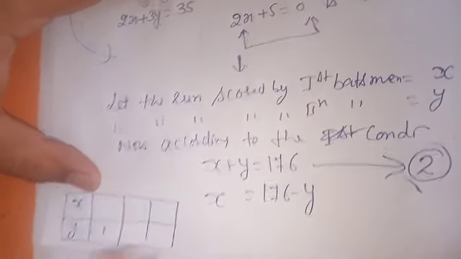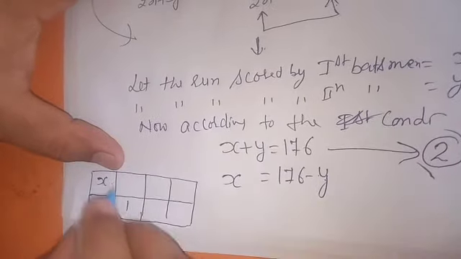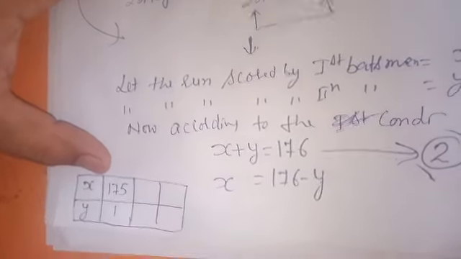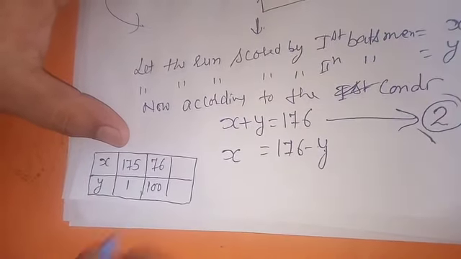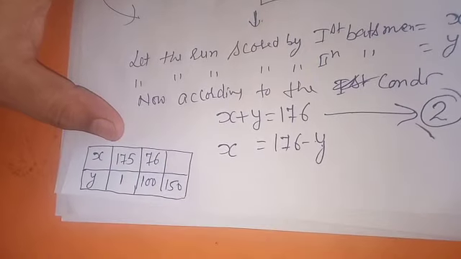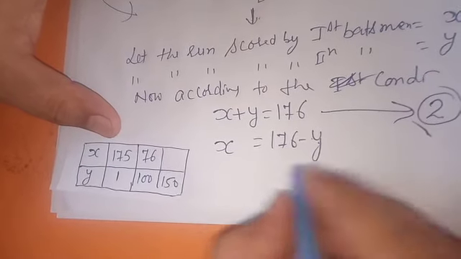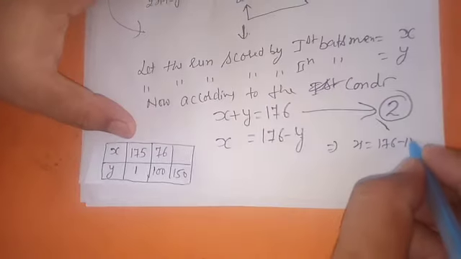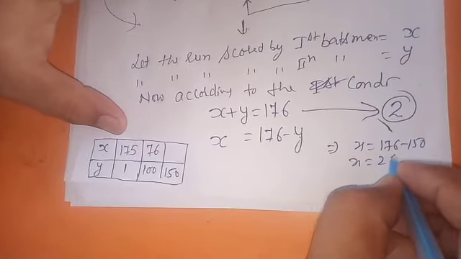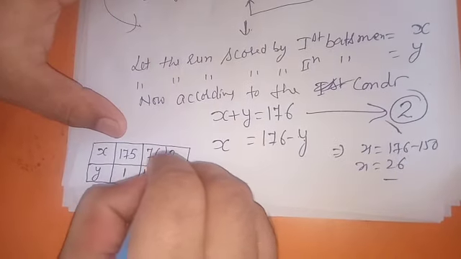Sorry, first batsman. 176 minus 1, 175. If Y scored 100, then 76. If Y scored 150, then again like this, X is equal to 176 minus 150, X is equal to 26.